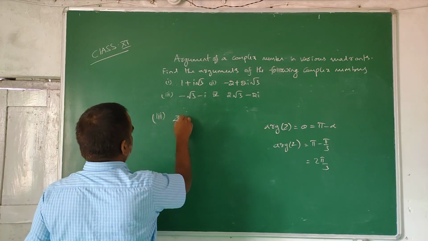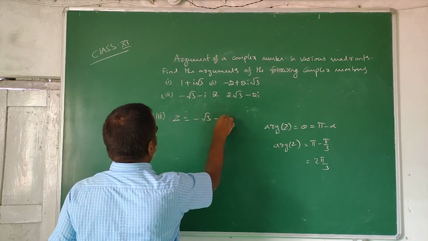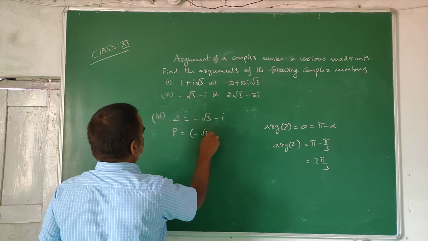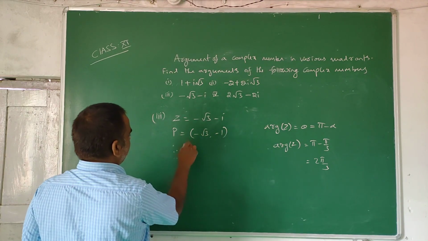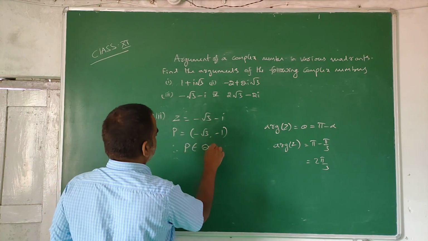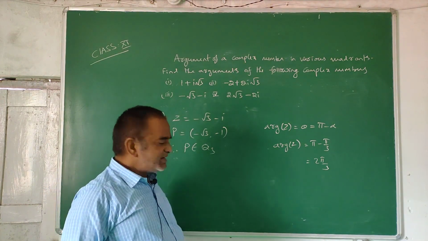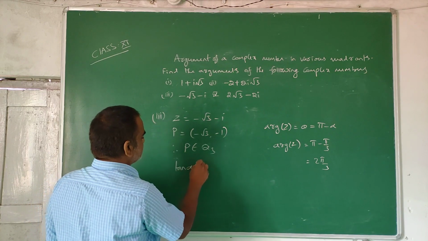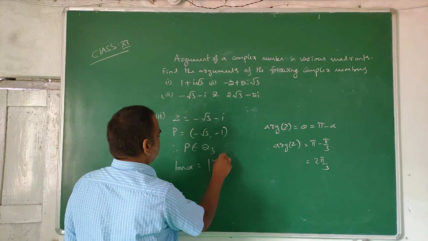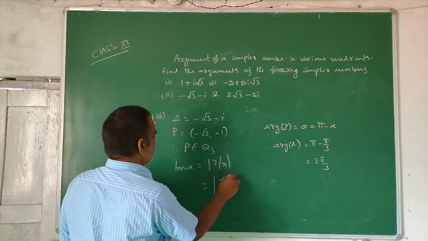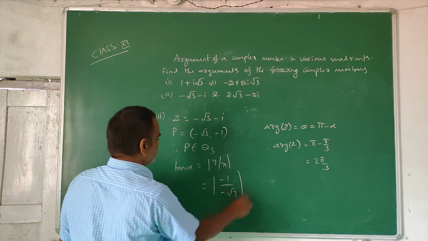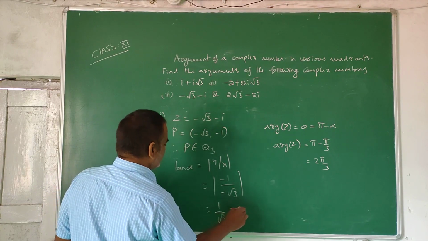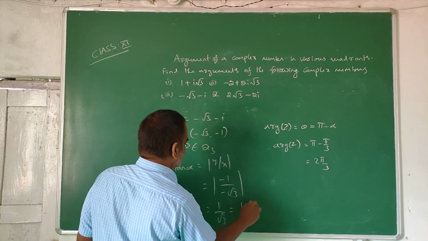Z is equal to minus root 3 minus i. This represents the point P (minus root 3, minus 1). Therefore P belongs to Q3. Now calculate tan alpha equal to mod y by x, which is mod of minus 1 by minus root 3, equal to 1 by root 3, which is tan pi by 6.